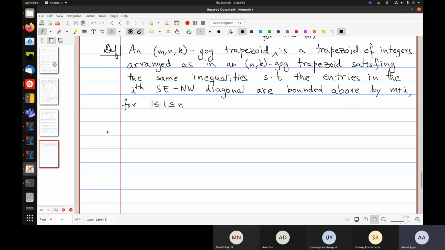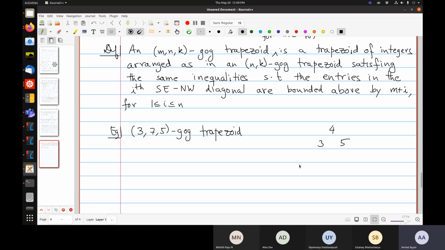Okay, so here's an example of a 3 7 5 trapezoid. So here it is. So it's a 7-5 gog trapezoid. It has that shape. But the 3 is going to kick in later.